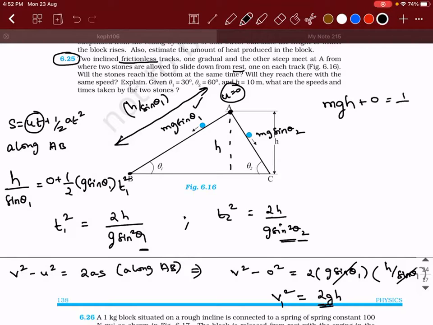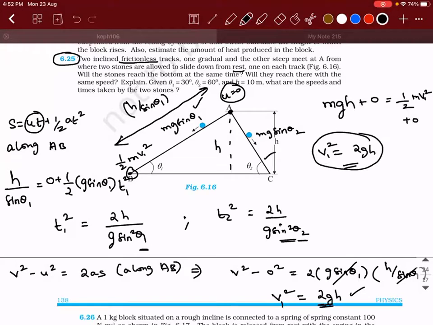This will be equal to the final kinetic energy, half m v1 square, plus the potential energy, which is 0. So v1 square is 2gh. You got the same thing. Similarly, for the second surface AC, v2 square will come out as 2gh only.